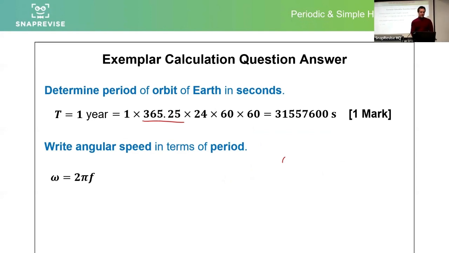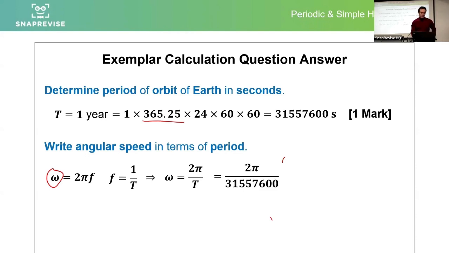Right, angular speed in terms of period. We're interested in working out the angular speed. We've got it in frequency there, so let's write it in period. We know what the period of the motion of the Earth around the Sun is now, so we've got the angular speed.